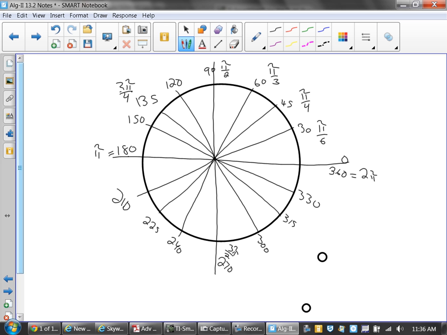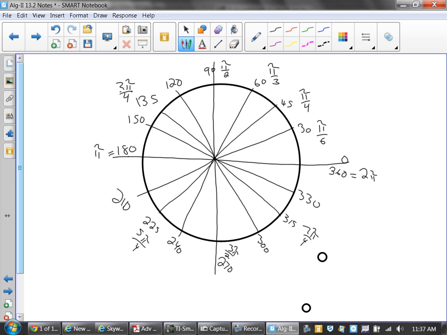Add another fourth, you get 4 pi over 4, otherwise known as pi. Add another fourth to it, you get 5 pi over 4. Add another fourth to it, you get 6 pi over 4, which is simplified to 3/2 pi. Add another fourth, you get 7 pi over 4.